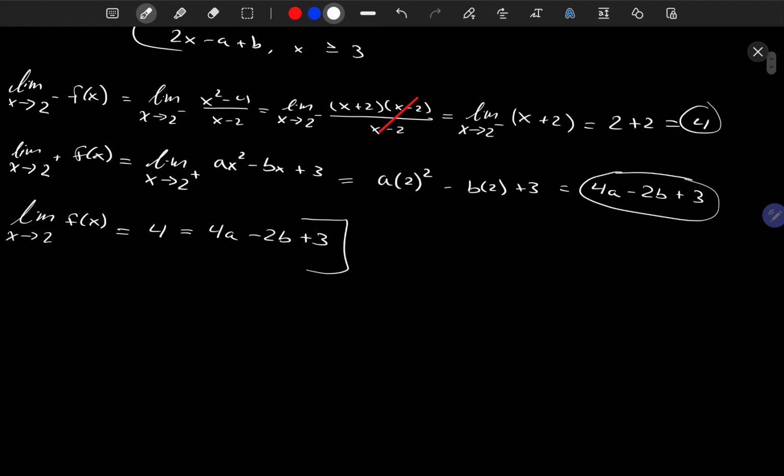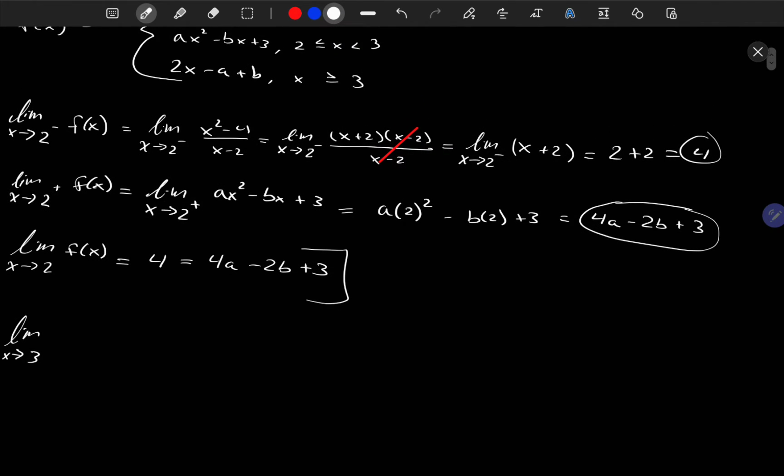Now if we continue, we have the limit as x approaches 3 from the left of f of x equals the limit as x approaches 3 from the left of ax squared minus bx plus 3. And now we can start evaluating: a times 3 squared minus b times 3 plus 3.